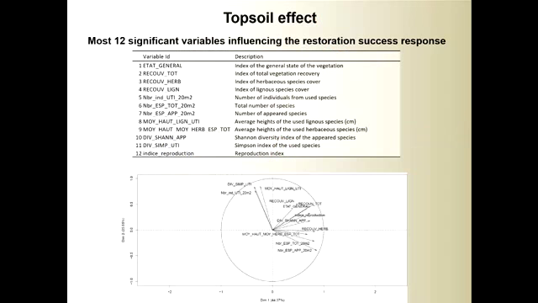The analysis results of the field survey show the 12 most significant variables here for this case that influence the restoration success, and their representation by projection.